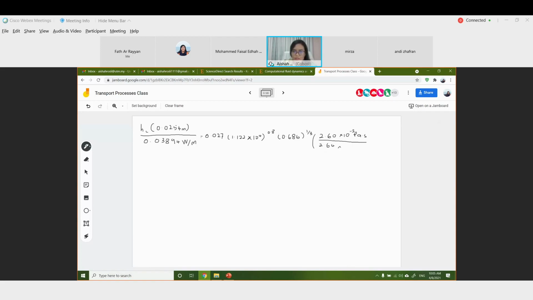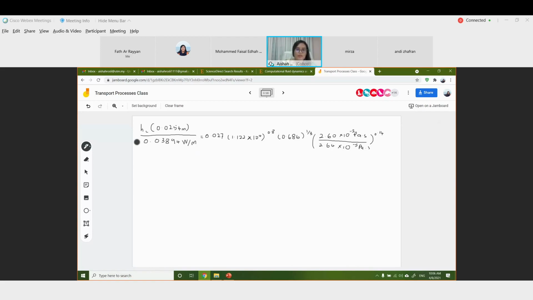So 2.64 times 10 to the power of negative 5 Pascal second, to the power of 0.14. The values for viscosity can also be retrieved from the appendix, which I will share with you in the assignment.